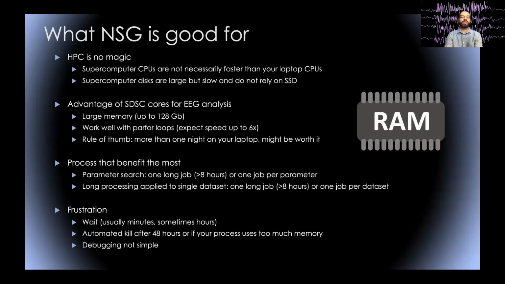Lots of people think, oh, the supercomputer is so much faster than my laptop, my workstation, even the one I just bought. And that's usually not the case. The cores are actually slightly slower than your newer laptop or workstation, so they're not widely faster.